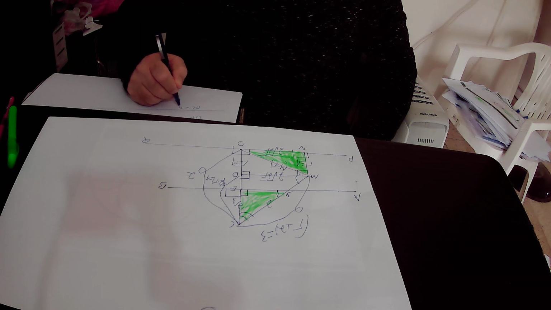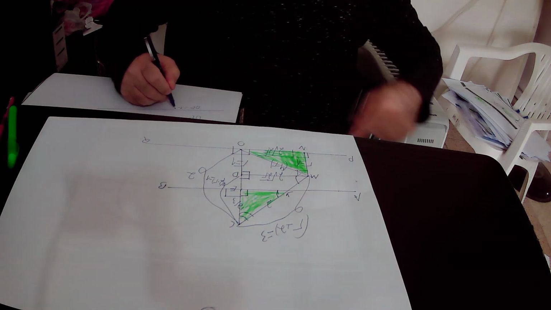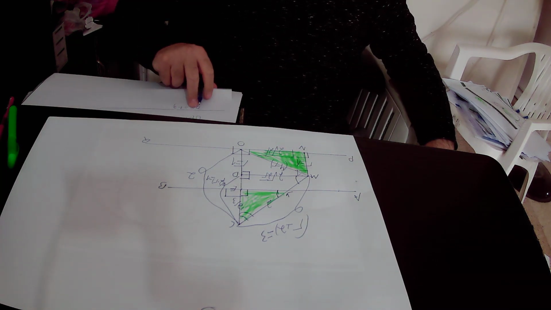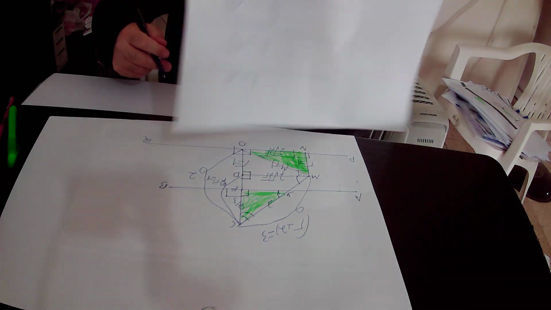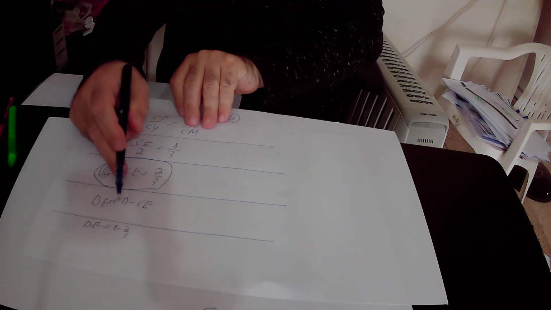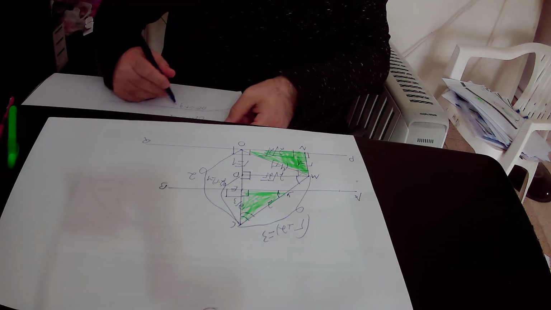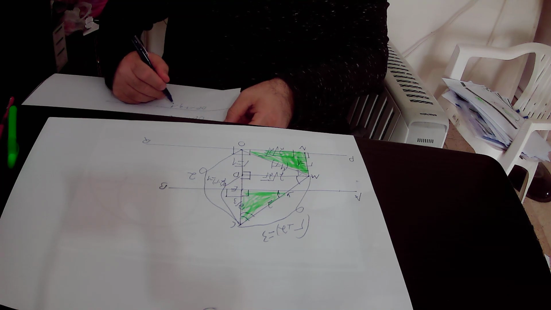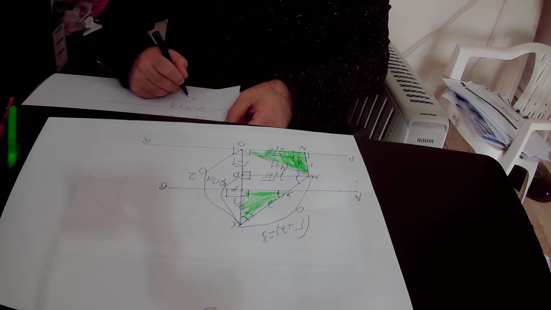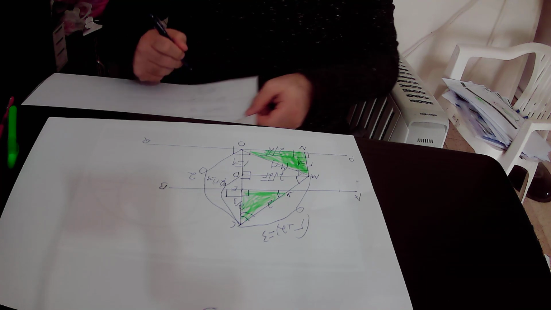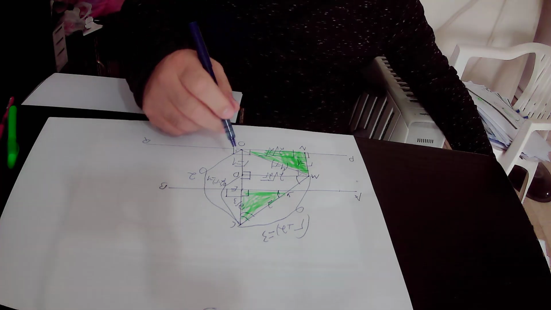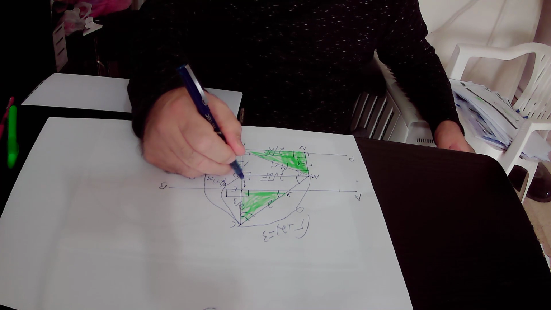CD is 1 and CE is 2/3. So DE equals 1 minus 2/3. 1 minus 2/3 is one third. So we found out that DE equals one third. So we'll write here that DE equals one third.